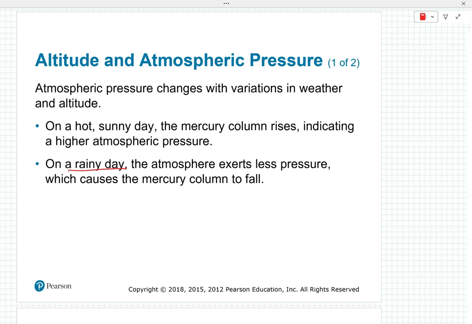If it's sunny and beautiful and no clouds in the sky, atmospheric pressure is higher. When you have rain coming in, it drops. Rain or snow, doesn't matter. If you want to know that it's going to be a sunny day tomorrow, the pressure is going to go up a little bit.